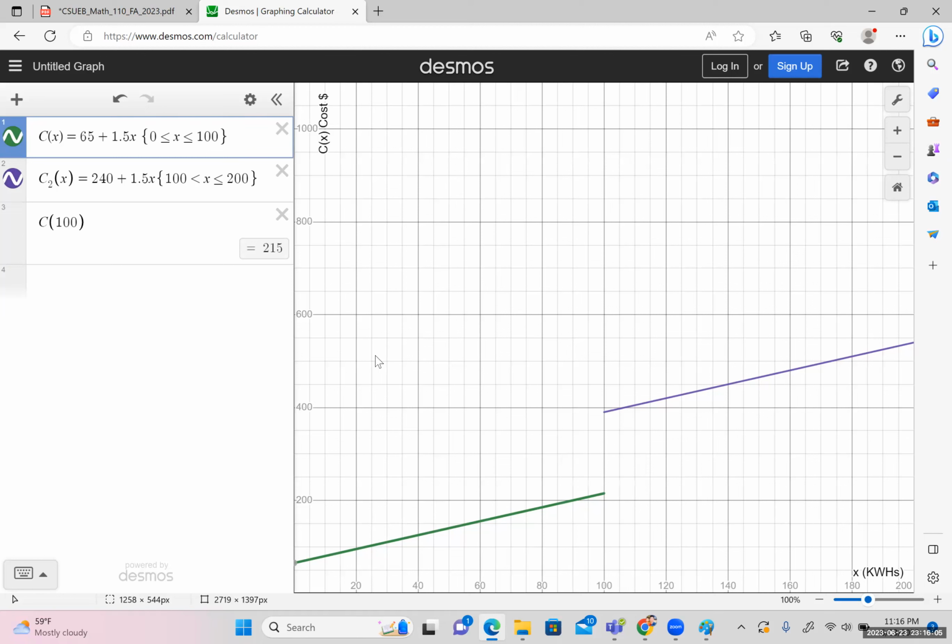And for 200 people, C of 200, it's going to be $540, paying for 200 people.